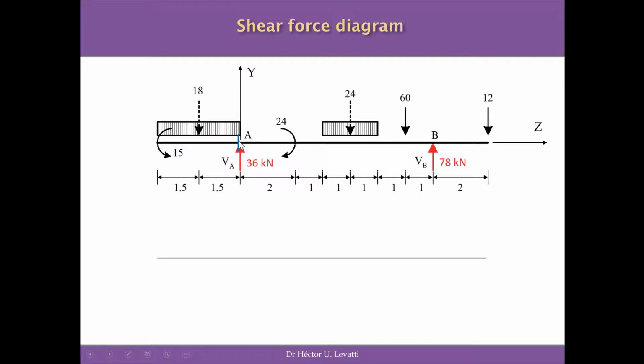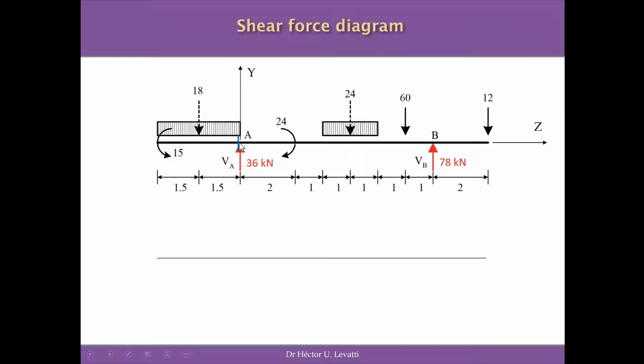To the left side of this cross section, the only force that is producing shear forces is 18 kilonewtons, which is the equivalent load of this 6 kilonewton per meter UDL you can see here. The moments do not affect the shear force diagram at all, because they are moments. So the only forces that affect the shear force diagrams are the vertical forces.